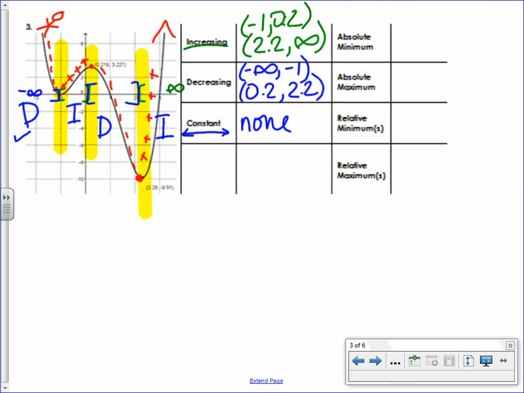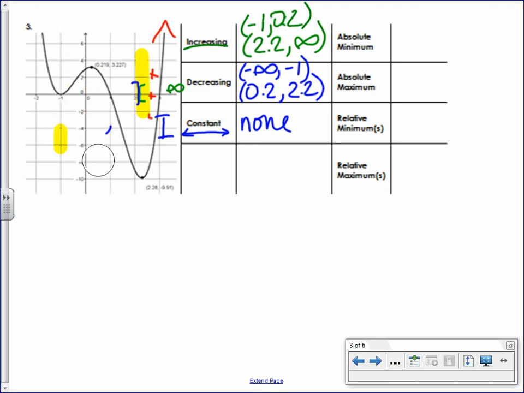Okay, let's talk about absolute minimums and maximums, and relative minimums and maximums. Let me get all this out of the way so that we can see it again. Now remember, look at the ends of this graph. On the ends, it's going up forever.